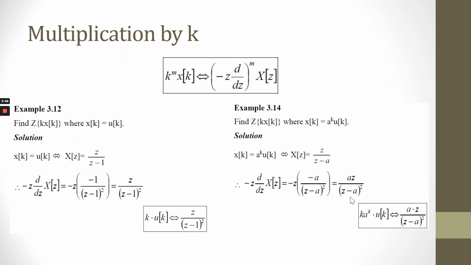So we have this one after differentiation. So we can conclude that if we have this function k a^k multiplied with u[k], the signal x[k] is a^k u[k], so the z transform is az divided by z minus a squared.